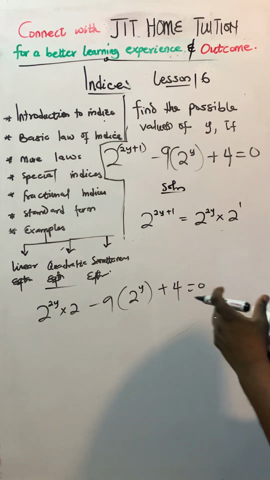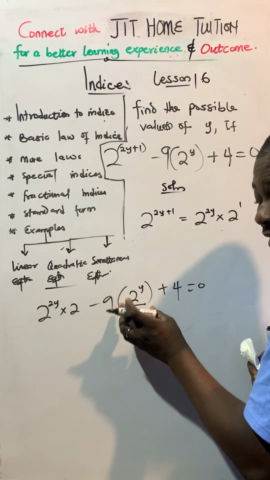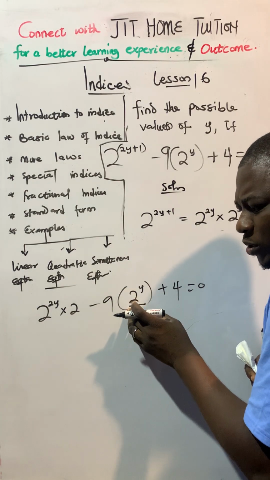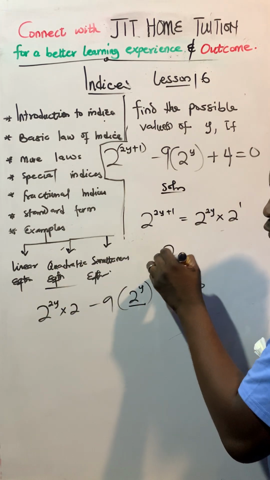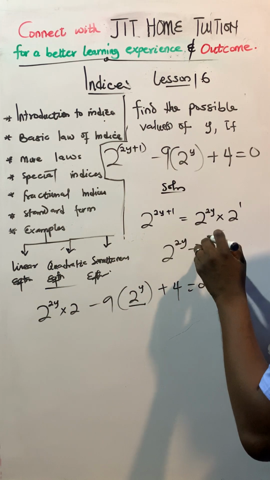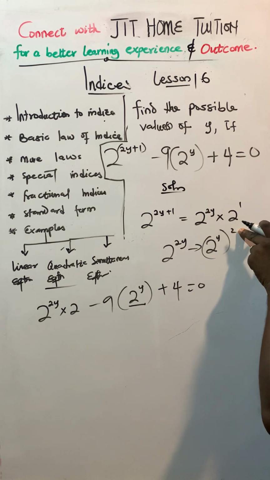Now, I want to draw your attention to something over here. You are having 2 exponent y in a bracket here. Can you see that we can also get this 2 exponent y? Here it is 2 exponent 2y, but we can write it as 2 exponent y, all exponent 2.